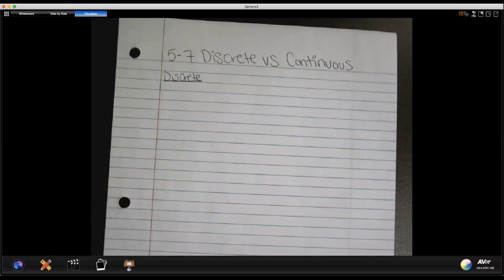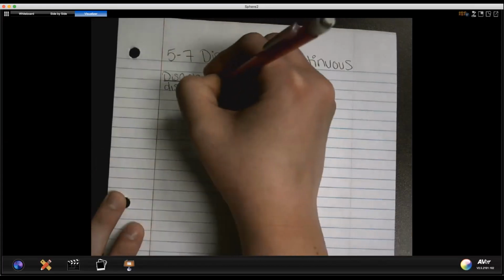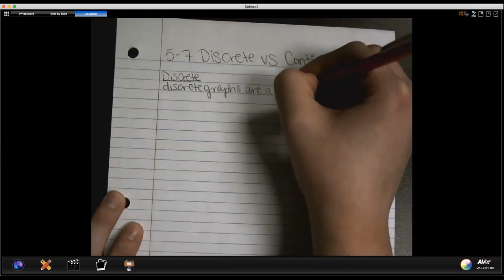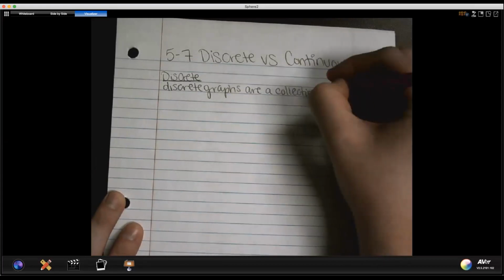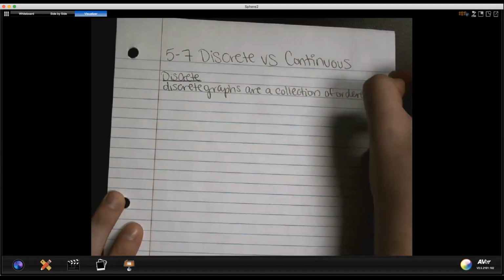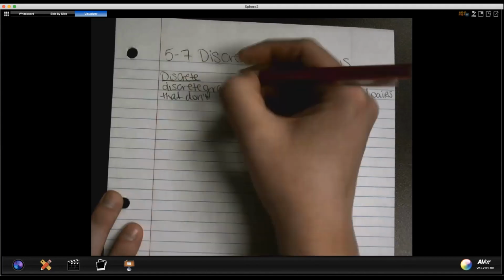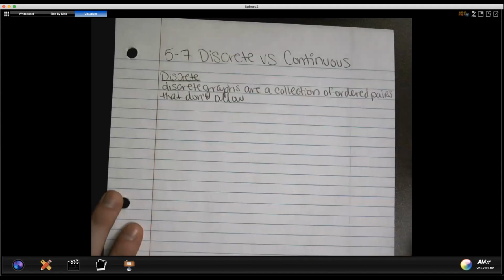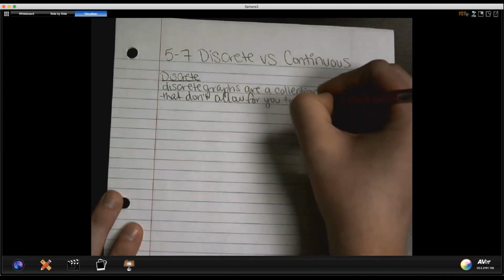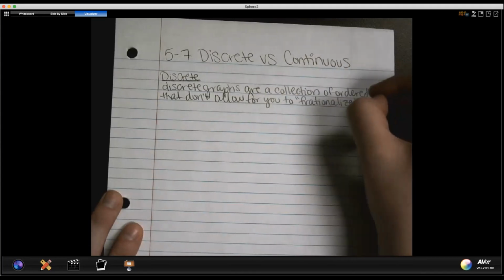Okay, so with discrete graphs are a collection of ordered pairs that don't allow for you to fractionalize the input values.